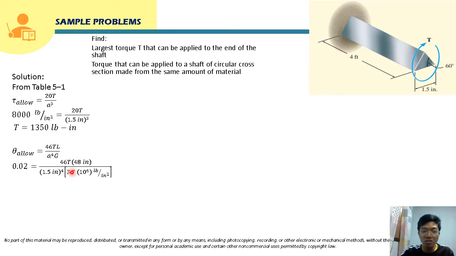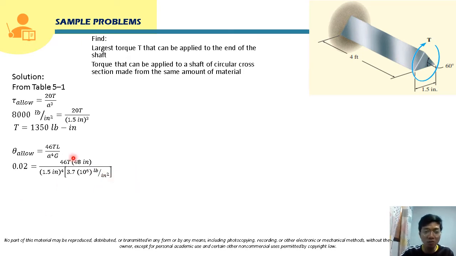Times G. The material is given, right? From the table of mechanical properties of some materials, in the English system or US customary unit, the modulus of rigidity or shear modulus of the material given is 3.7 times 10 raised to 6 pound per inch squared.